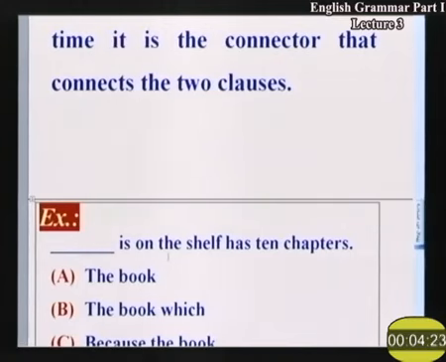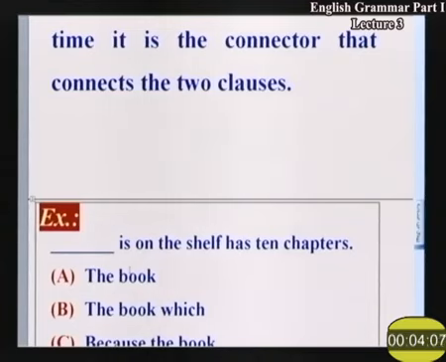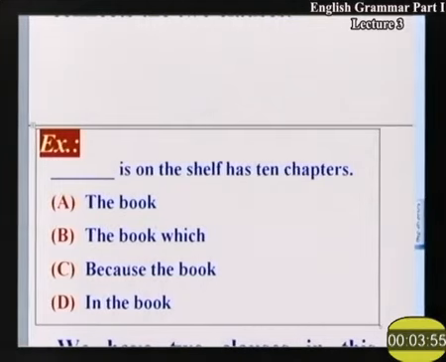The two clauses should be connected with a connector. يعني أنا عايزة هنا إيه؟ This sentence needs two subjects and a connector. The book is on the shelf has. طيب لا، يا إما أقول the book is on the shelf يا إما أقول the book has 10 chapters، لكن ما ينفعش. The book which is on the shelf has 10 chapters.